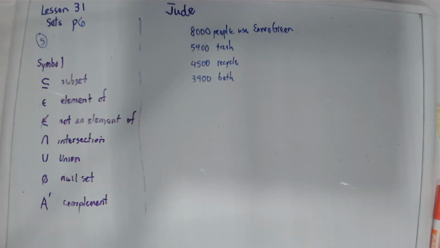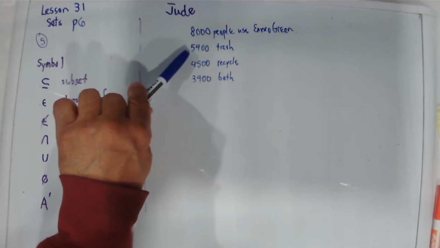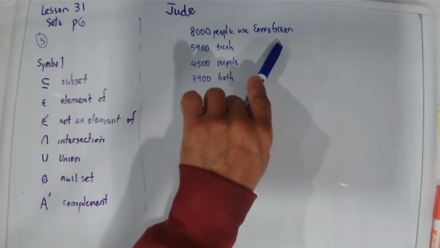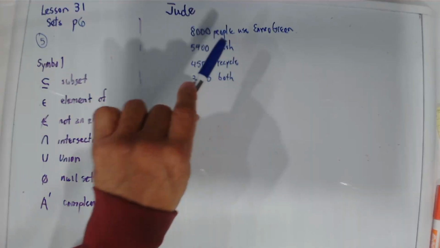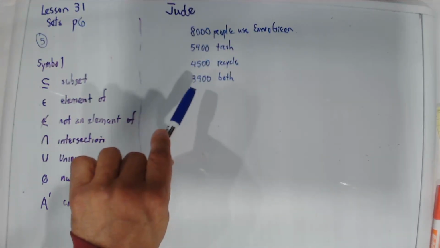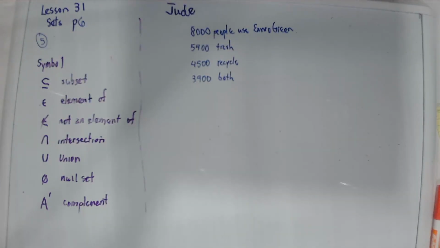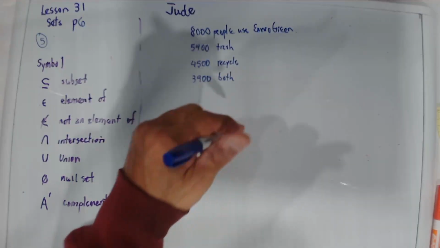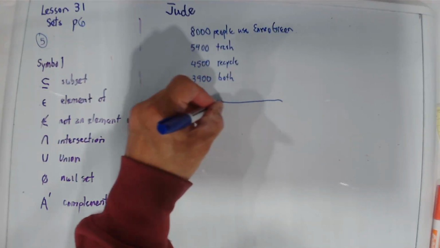And this one is about a town where they have 8,000 people, and 5,400 of those people use EnviroGreen for trash pickup, 4,500 use EnviroGreen for recycle, and 3,900 use it for both. So the question is, how many people do not use EnviroGreen services? Okay, so let's draw that out. We've got our town.